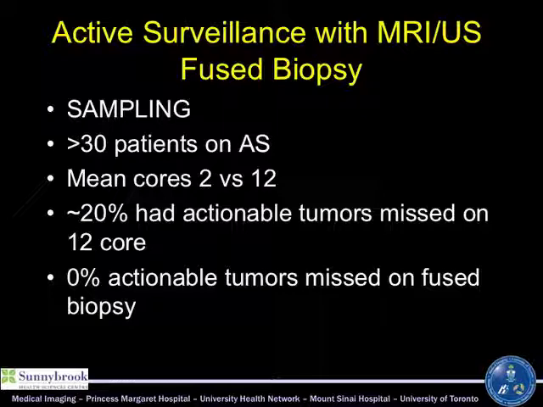And in those healthcare systems where there's a per core cost, so in the U.S., in many states, the pathologists charge more the more cores you do, and it's not a small amount. So when people are advocating 17 or 18 cores in this scenario, and you say, well, we can get away with a mean of 2 across the population, and still pick up more tumors and not miss anything significant, I think that's the message of this data.